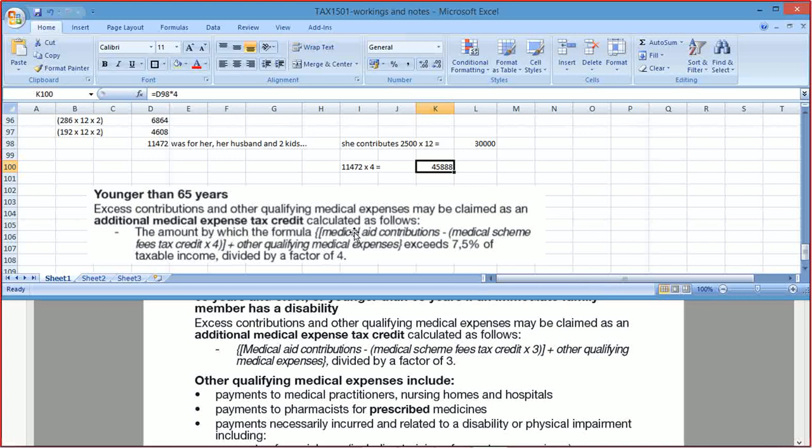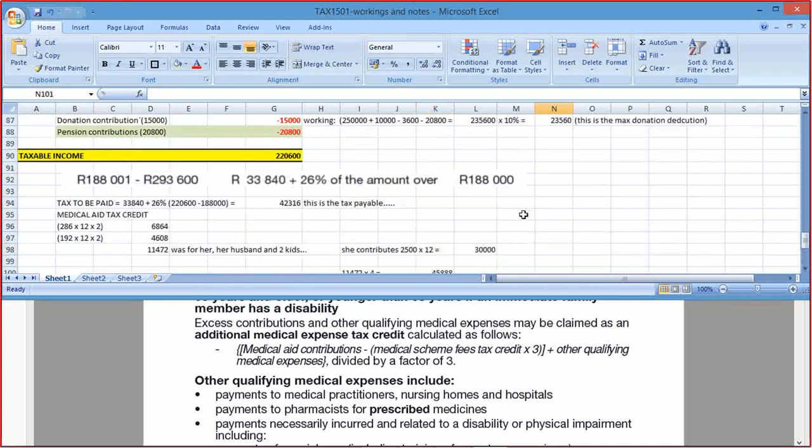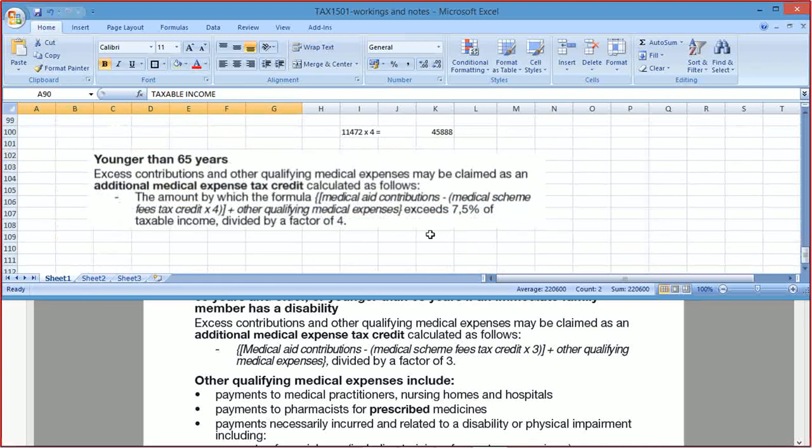The amount by which the formula, this minus that, plus other qualifying expenses, exceeds, notice, exceeds 7.5% of taxable income. What is my taxable income here? There it is. 220,600, right? Yeah. Okay, so let's highlight that.